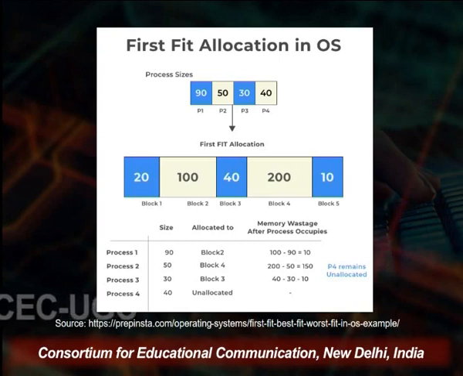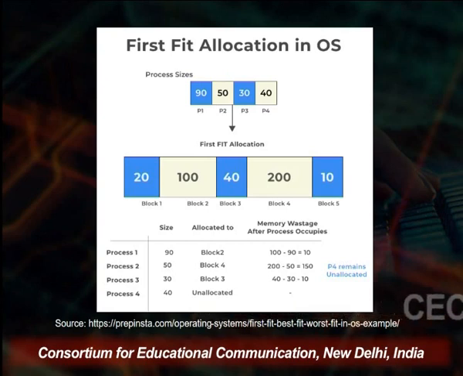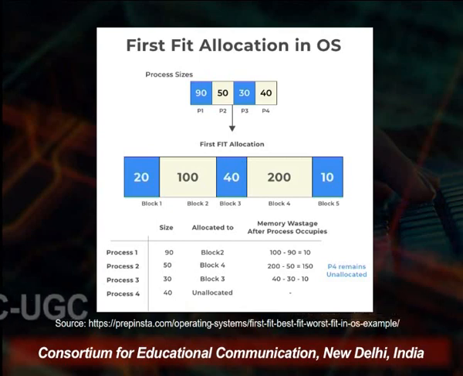So process P2 now resides in block number 4, and here is a wastage of 150 units of memory, because the requirement of process P2 was only 50, and the first fit we got is of 200 units.